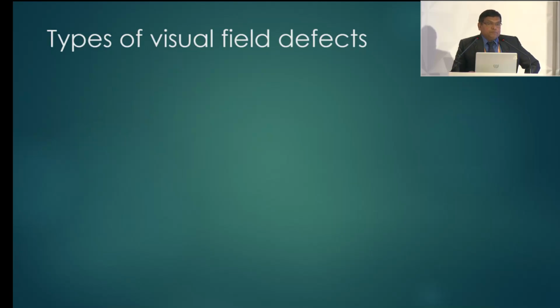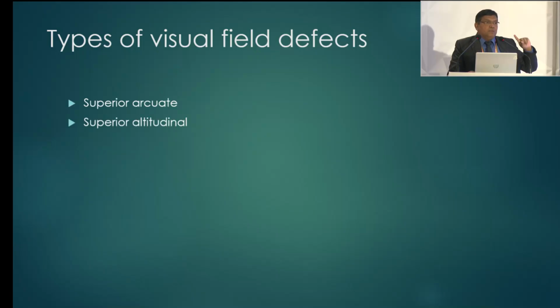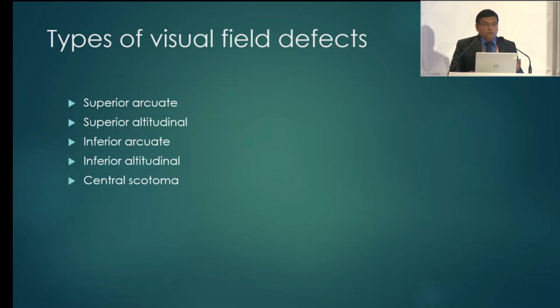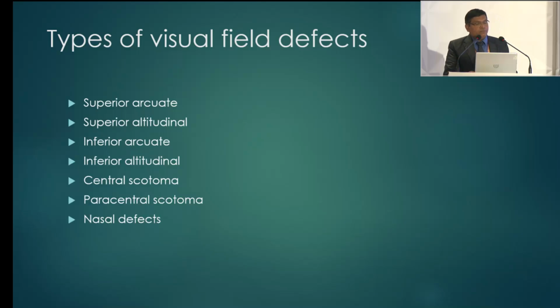There are identified types of visual field defects with ischemic optic neuropathy, basically arcuate and altitudinal defects, superior and inferior. You do get central scotomas and paracentral scotomas. On rare occasions, you may get nasal defects as well. Bilateral involvement can, on rare occasions, cause binasal hemianopia.